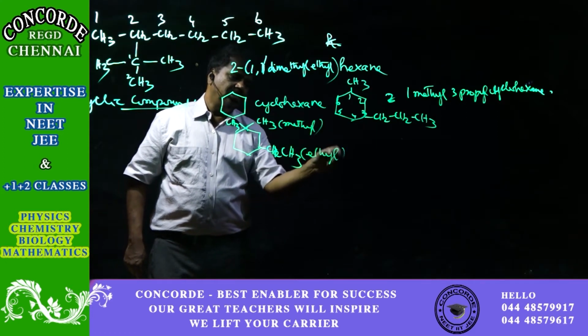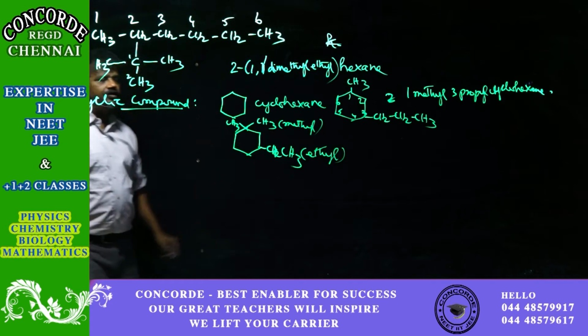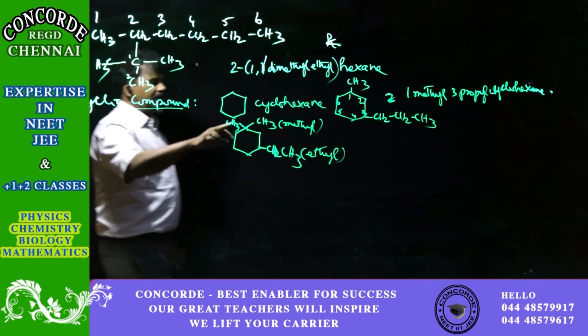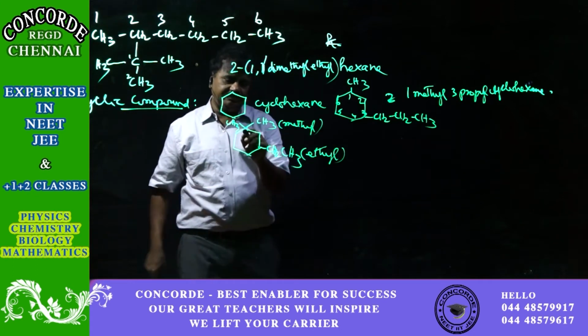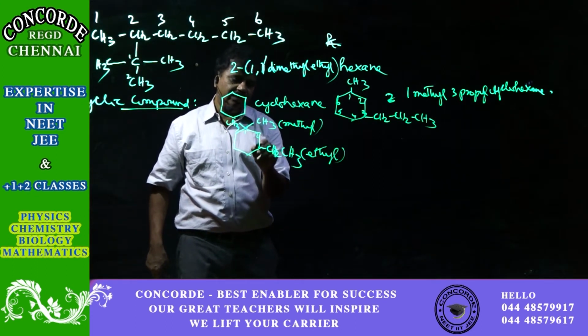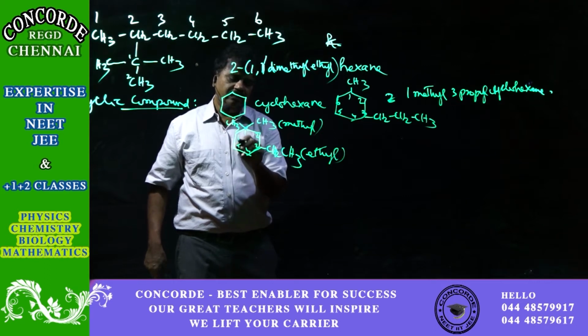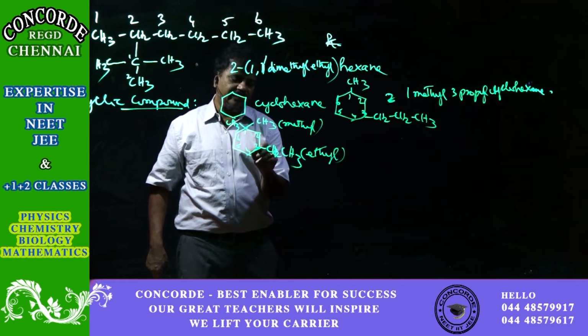While naming we have to give preference to the one which is more branched. The more branched carbon gets the preference, so this becomes 1, 2, 3, 4, 5, 6. So numbering will not start from here.